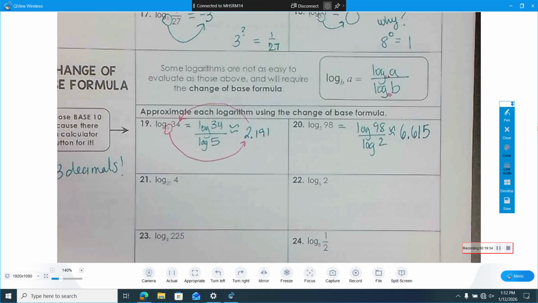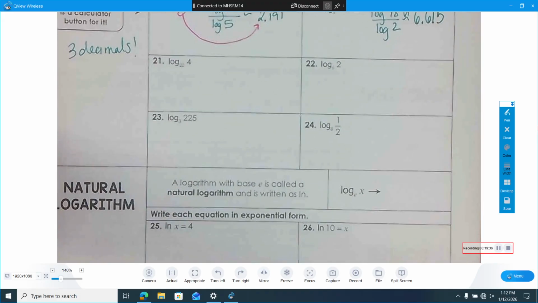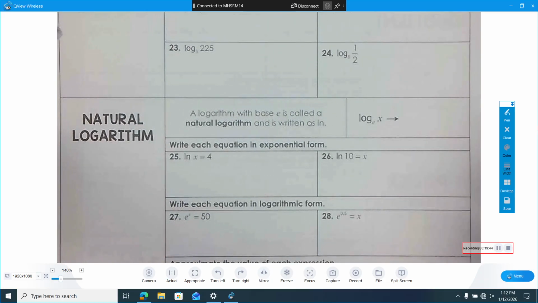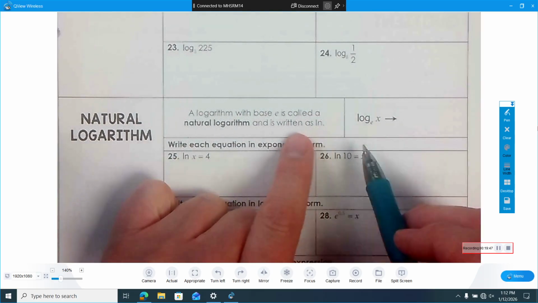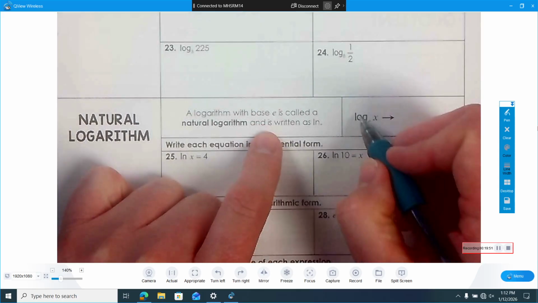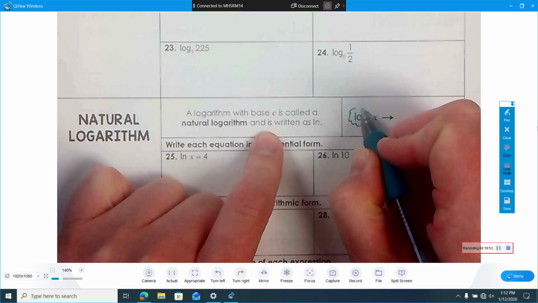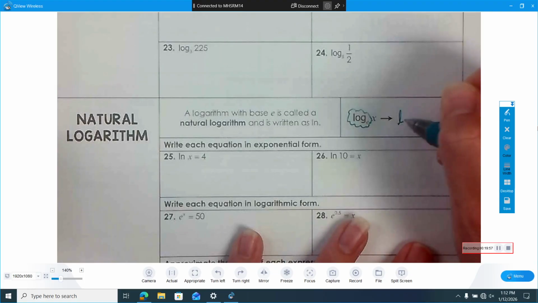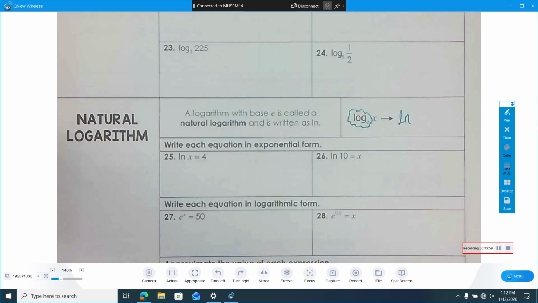Okay. So we also have the natural logarithm. The natural logarithm is written as a log base e. Anytime you see log base e, we simplify that because we're lazy, and it is just called the natural log.